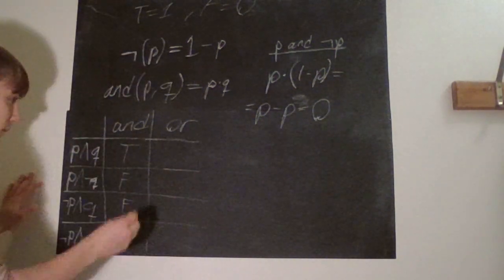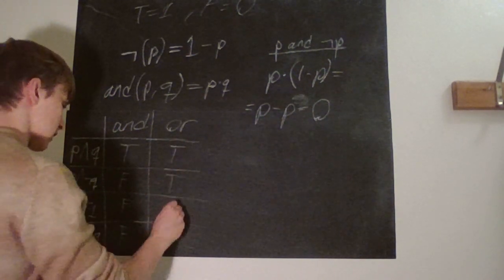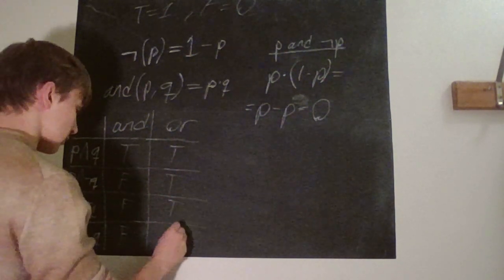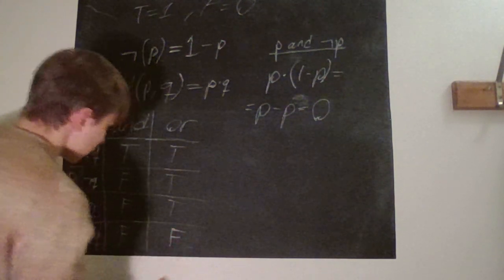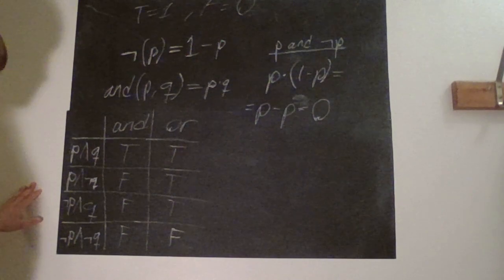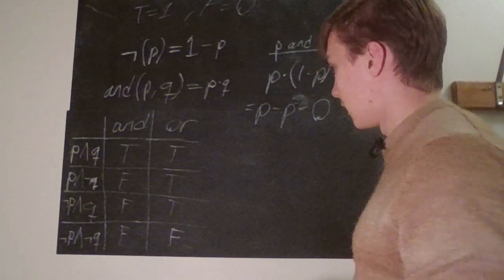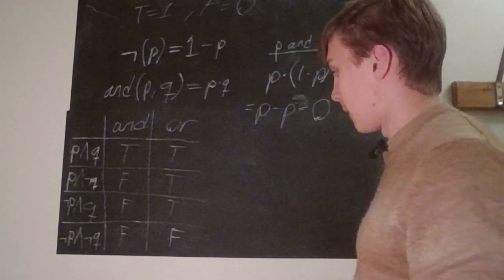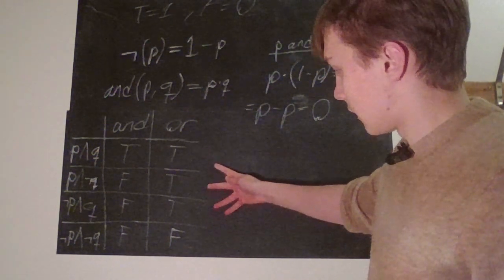How do we want that to behave? We want it to be true when one of them is true, and only false when both are false. So how can we create an OR function? Well, we could just put in all of these conditions.